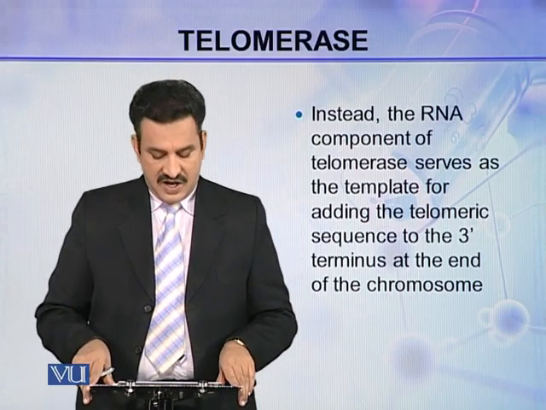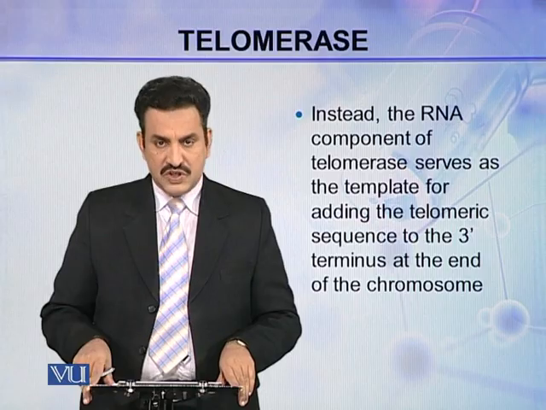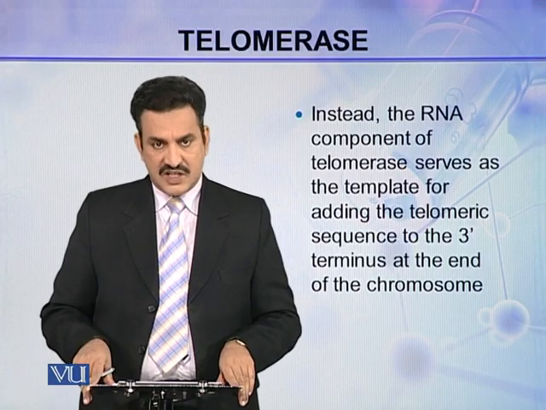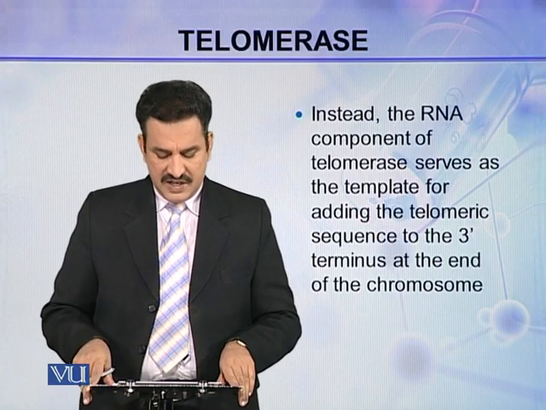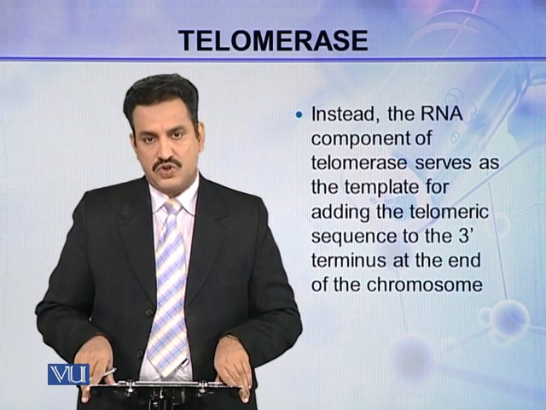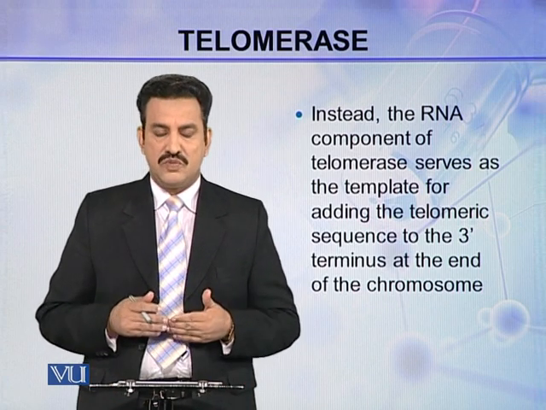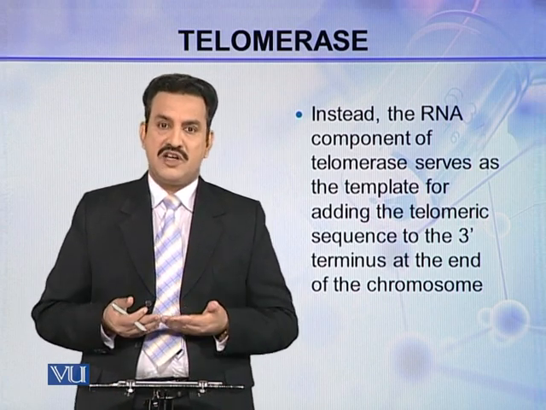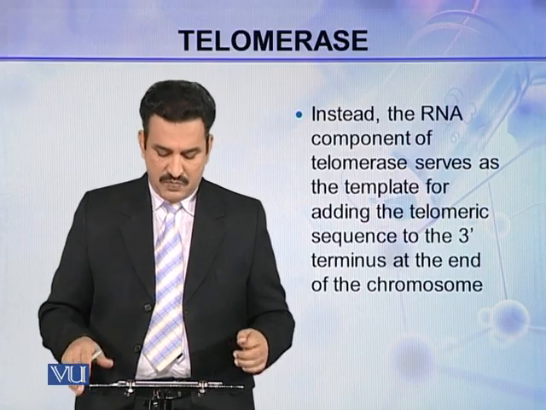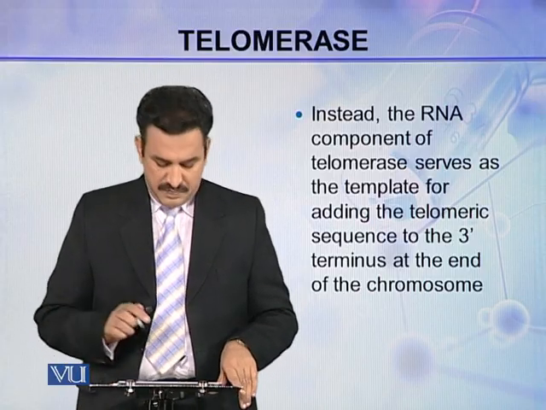Instead, the RNA component of the telomerase serves as a template for adding the telomeric sequence to the 3' terminus at the end of the chromosome, because telomerase has its own RNA component. So that RNA component serves as the template.